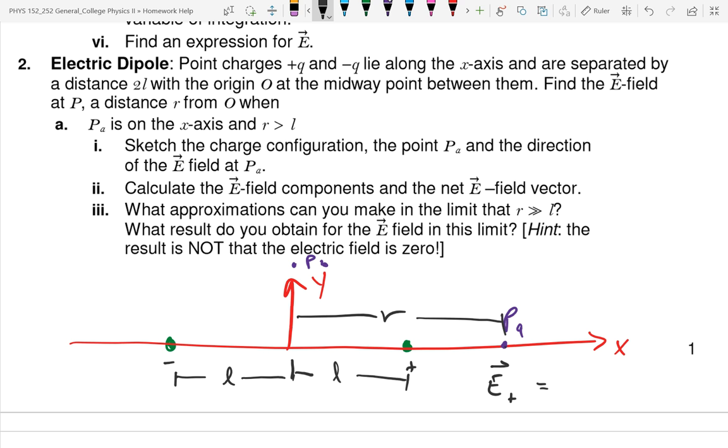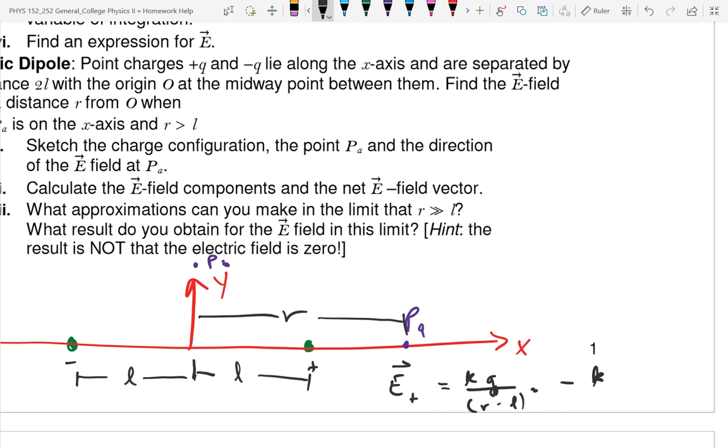The distance from the positive charge to point A is R minus L. So it's going to be K, Q, lowercase q, over parenthesis R minus L quantity squared, minus, because the other one has a negative charge, KQ over R plus L quantity squared.